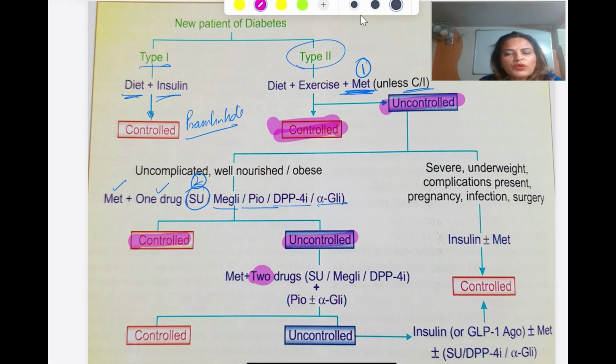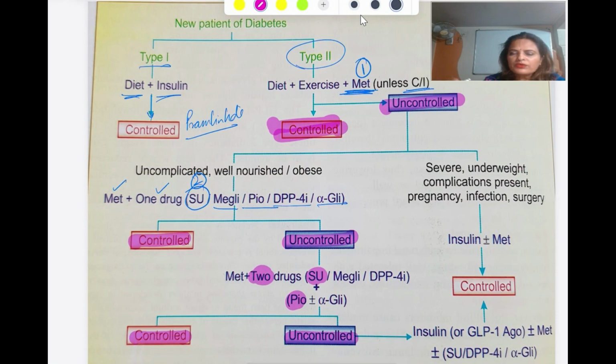So metformin only until the patient ends up with some renal complications. Suppose any diabetic patient taking metformin now has some renal problem, then you have to withdraw that drug and write some other drug to the patient. So 2 drugs. What are the 2 drugs? The third drug which is preferred is a thiazolidinedione, that is pioglitazone. So if it is controlled, it is all right.